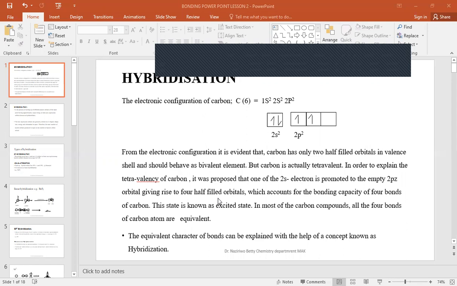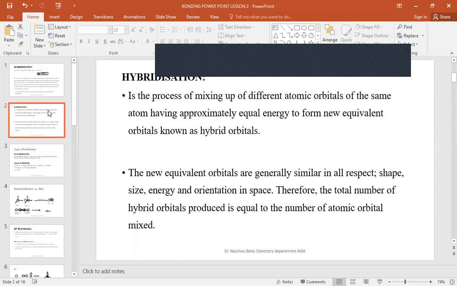In most of the carbon compounds, all the 4 bonds of the carbon atoms are equivalent. The equivalent character of the bonds can be explained with the concept known as hybridization. So hybridization is the process of mixing up of different atomic orbitals of the same atom, having approximately equal energy, to form new equivalent orbitals known as hybrid orbitals.